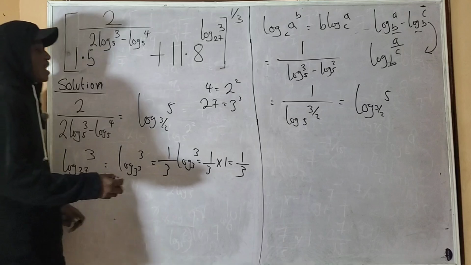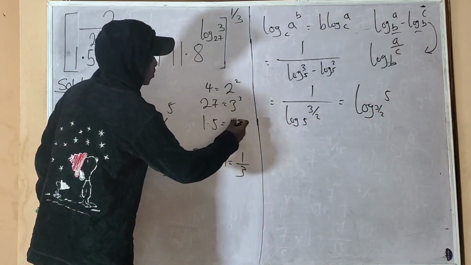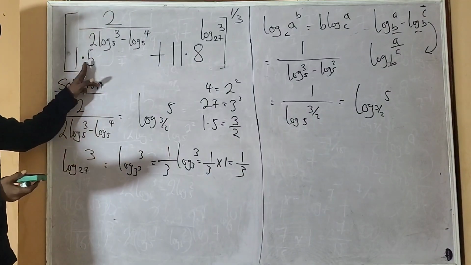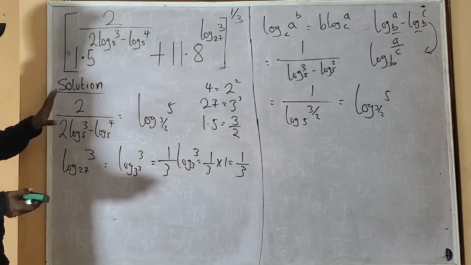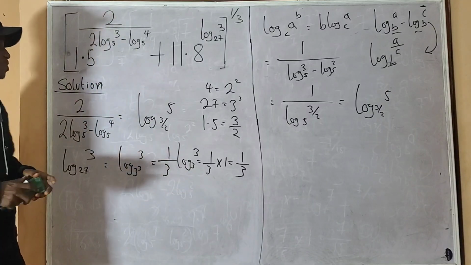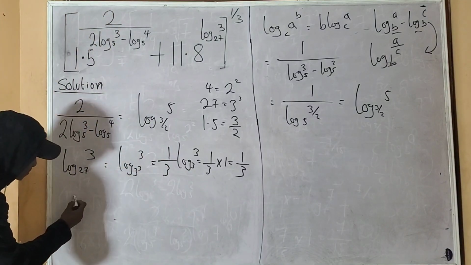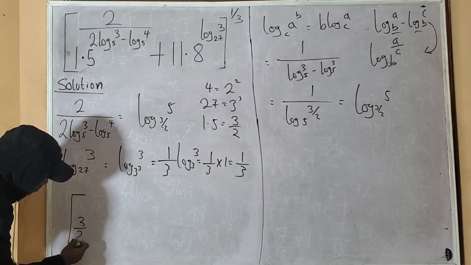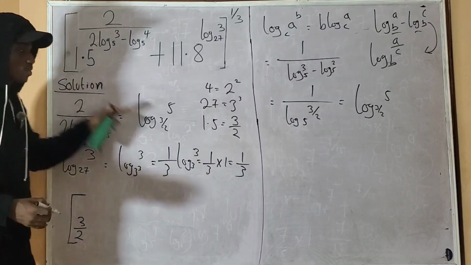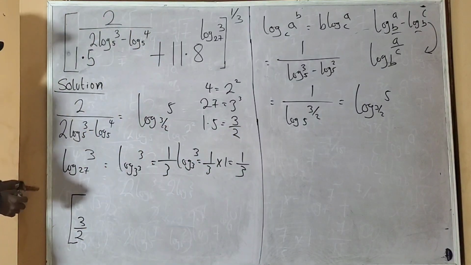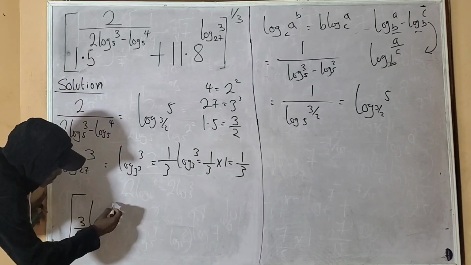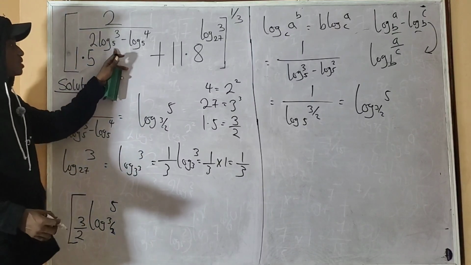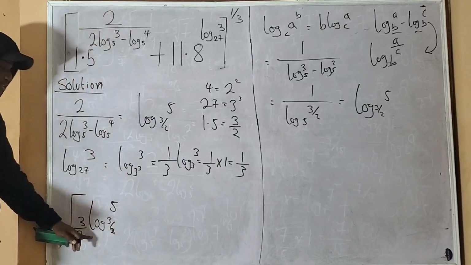Now, do not forget that 1.5 can be written as 3 over 2. So let us replace what we have here into the original equation. I'm going to have 3 over 2 raised to the power of log_(3/2) 5, since we simplified the exponent as this, so I just replace it.